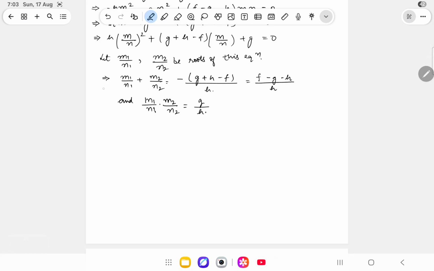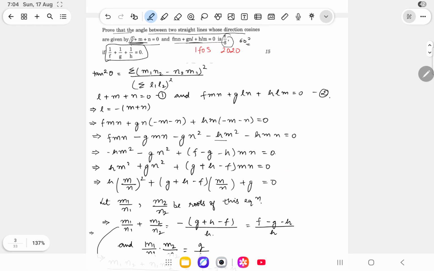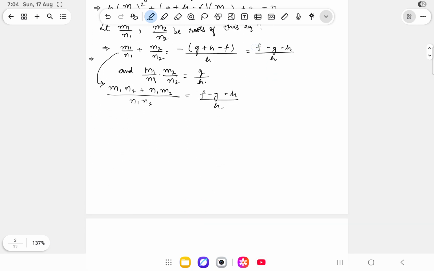If you observe, this thing is equivalent to m1 n2 plus n1 m2 upon n1 n2, which is equivalent to f minus g minus h upon h. But in tan theta we need to calculate m1 n2 minus n2 m1. So using this and this we can easily get that.